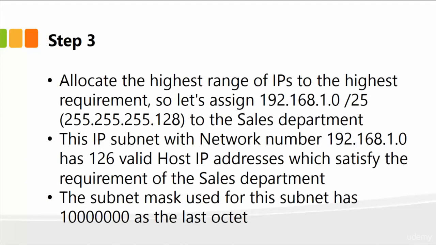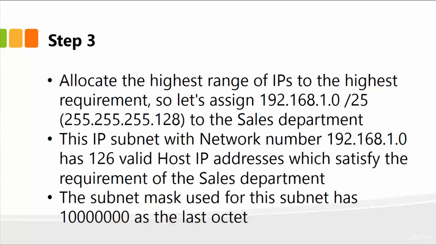Step 3 is allocate the highest range of IPs to the highest requirement. So sales has 100 computers. You want to be able to allocate the highest requirement, right? So let's assign 192.168.1.0/25 to the sales department. This IP subnet with network number 192.168.1.0 has 126 valid host IP addresses, which primarily satisfies our requirement of the sales department.